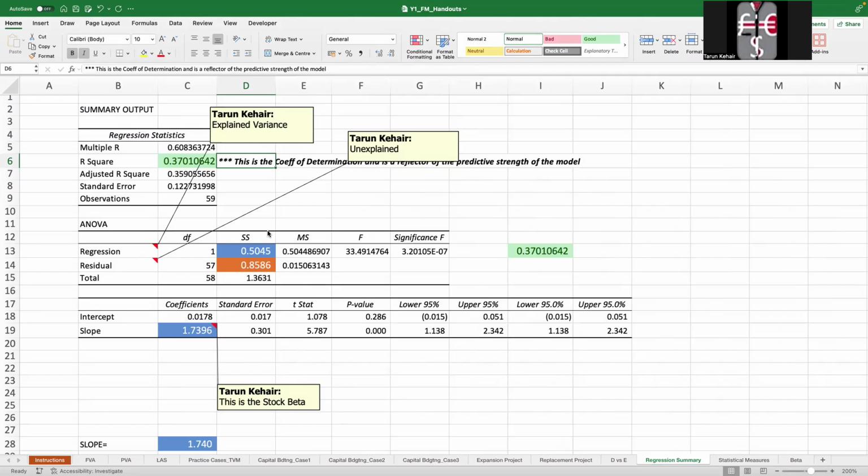You need to have a complete conceptual understanding of this, otherwise you will not be able to understand SML. Now you know that for SML and CAPM, we focus only on systematic risk, not on unsystematic risk. That's your learning lesson from this. I'll call this video Background to Security Market Line, and I will share it with you, which you can refer to as a prelude for the security market line and CAPM. Clear? Very good.